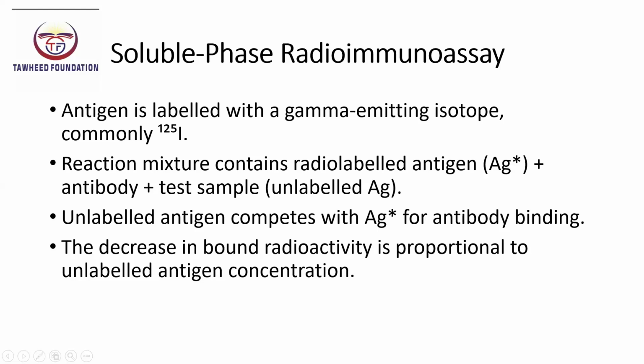After equilibrium is achieved, bound and free antigen fractions are separated, traditionally by precipitation or adsorption, and the radioactivity of one fraction is measured using a gamma counter. The result is compared against a standard calibration curve to quantify the antigen concentration.